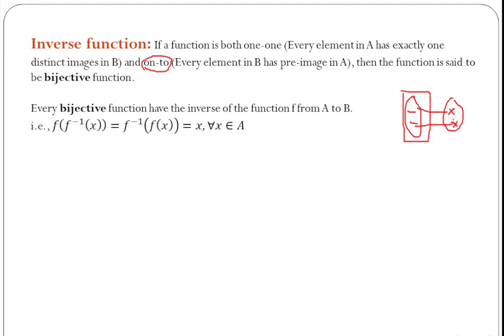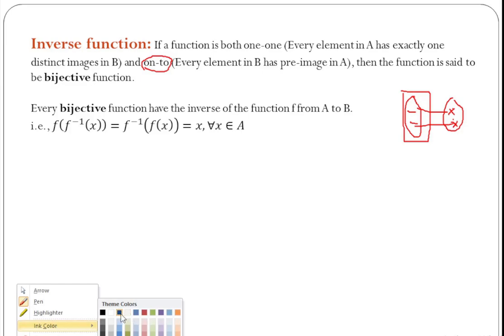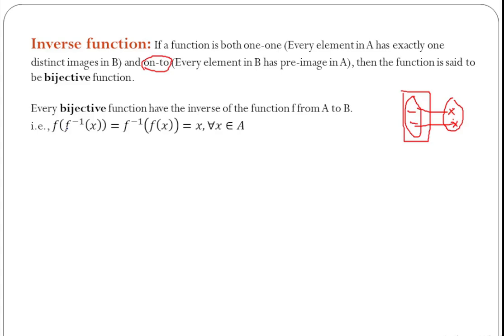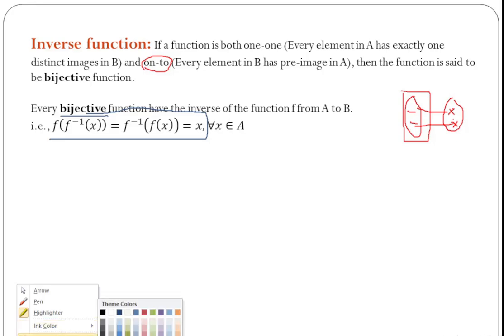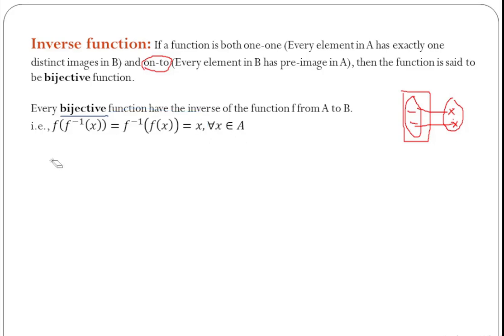So there is one simple logic. Initially, we have to check that the map is bijective. If it is bijective, then the inverse does exist. The important part is the equation for f inverse, using the composite function that we discussed in the previous video.